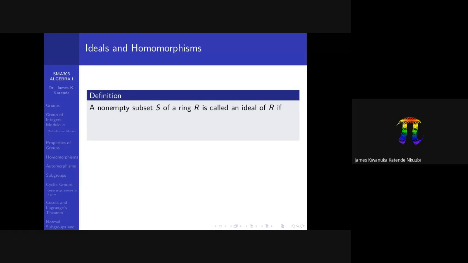So if you have a non-empty subset S of a ring, it will be called an ideal if the following two properties hold.